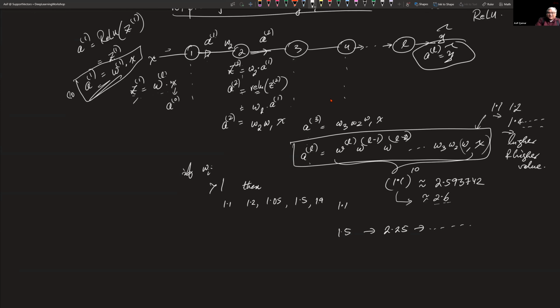And one of you would like to tell me what 1.5 to the power 10 is? 57.7, right? So let's say approximately 58. Do you notice how much the number has blown up? And suppose this network, 10 layers is too little. Let's say that this was 100 layers. So could one of you try this, 1.5 to the power 100?